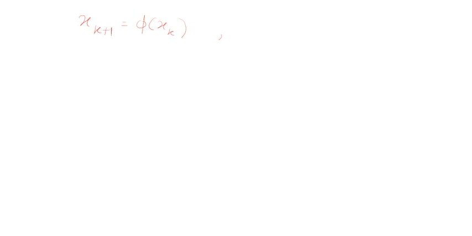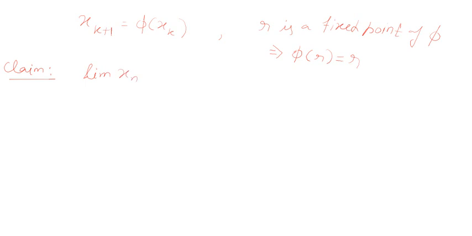Let's say phi is a contractive mapping and R is a fixed point of phi, meaning phi of R is R. Now my claim is that the limit of x n is R. For this I need to start with mod of x k plus 1 minus R.